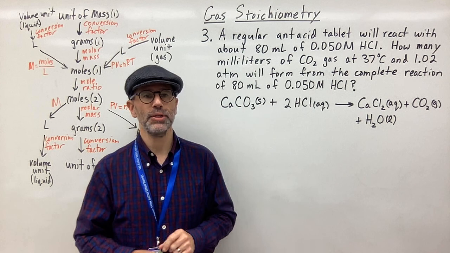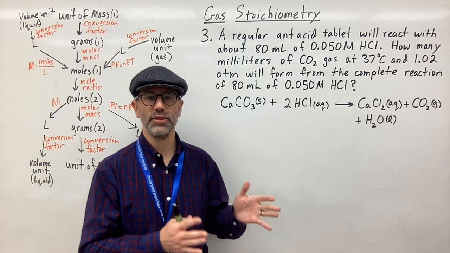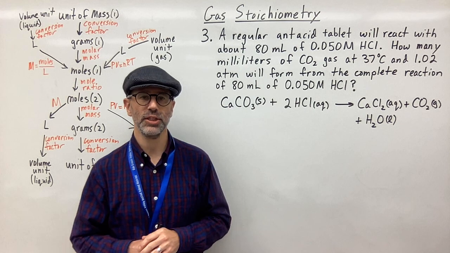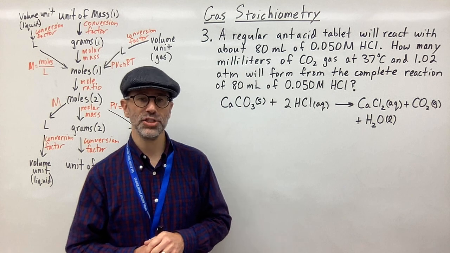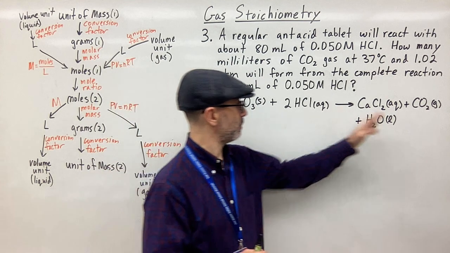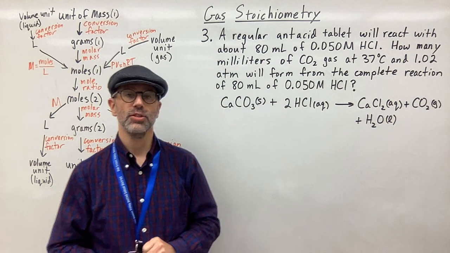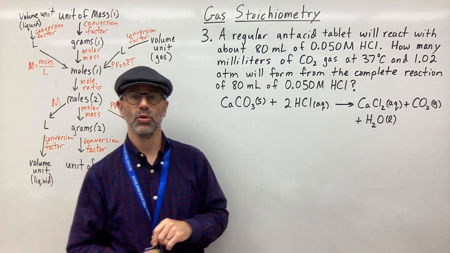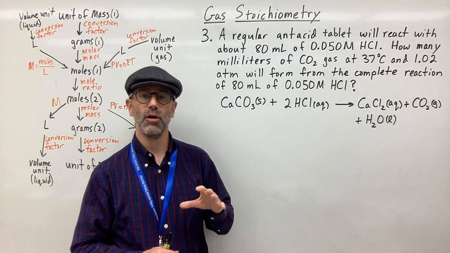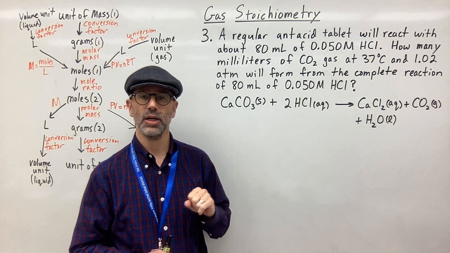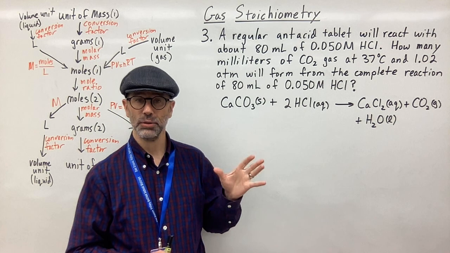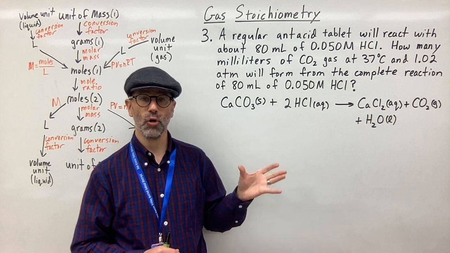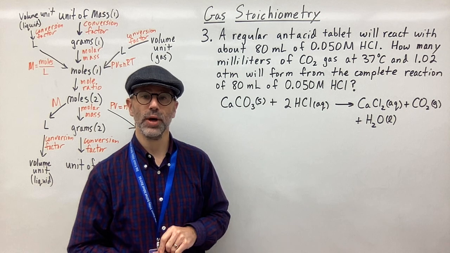So when we're doing stoichiometry, remember we want to convert from one thing to another using the balanced equation. The reason we're using the balanced equation is because we're going to get our mole ratio from the coefficients in the balanced equation. So in this particular problem, we're looking for the amount of gas that's going to be formed from the antacid tablet's reaction with HCl.